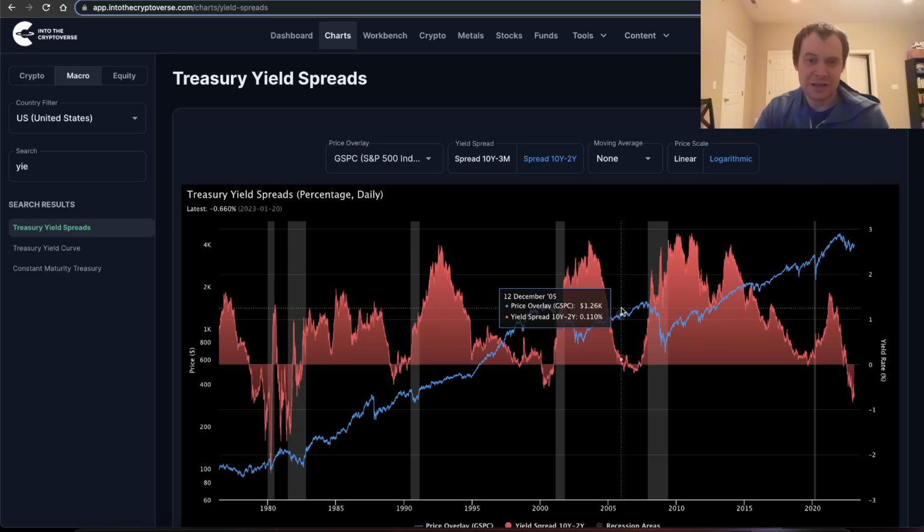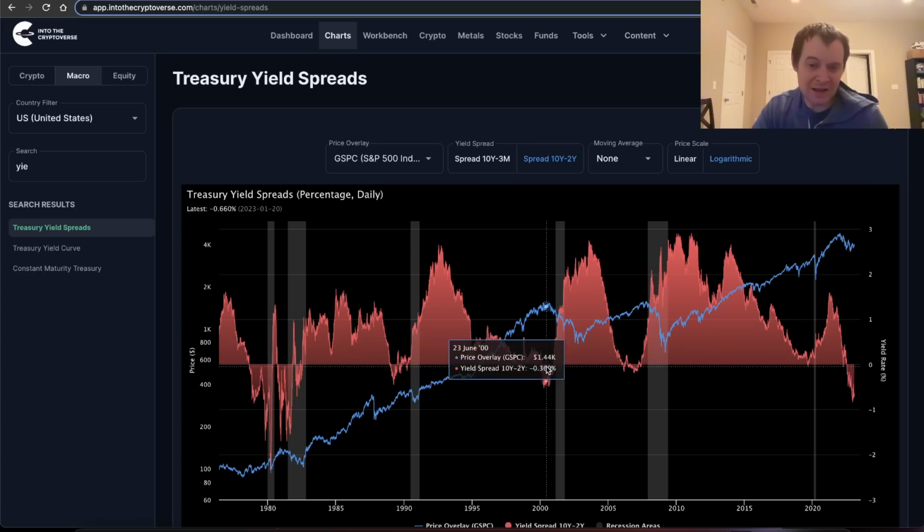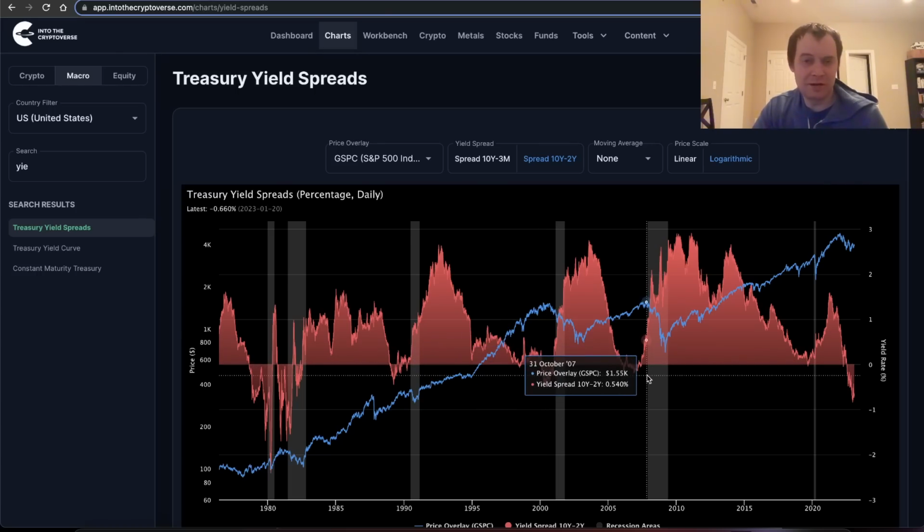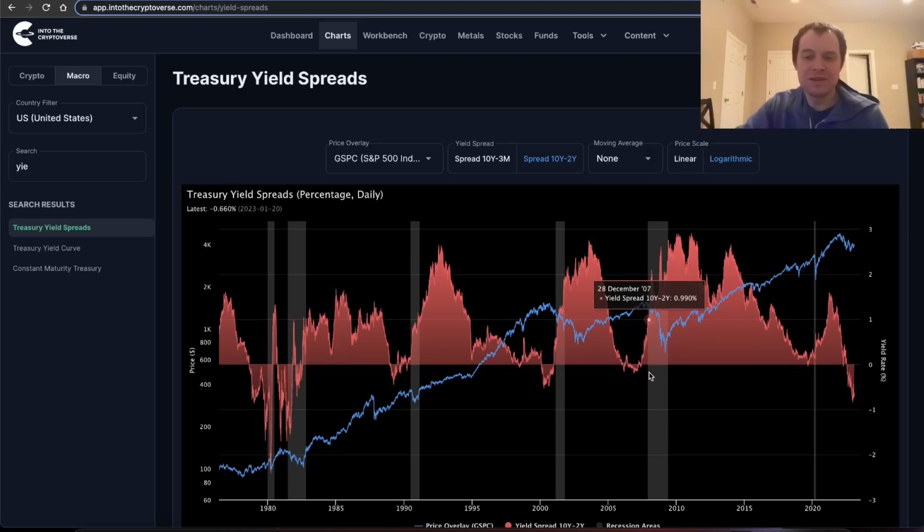Around a year and a half. Now, you could find periods that are less than that, and periods that are longer. But on average, it takes about 17 months from the sustained inversion of the yield curve, call it about 3 months of being inverted, before you actually find yourself in a recession.